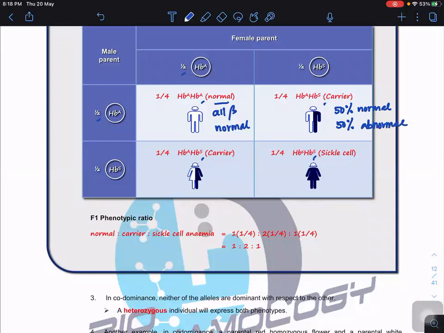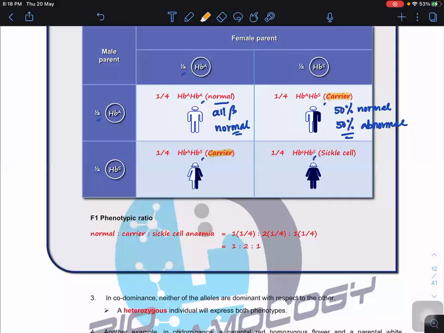So you can see that there is a distinct group already different from this normal group. This group, we name them as carrier. So it means that carrier becomes a phenotype. Are you clear? Later, don't confuse, later we have another one. They are carriers, but they don't belong to a new phenotype. This one is a new phenotype, called carrier.